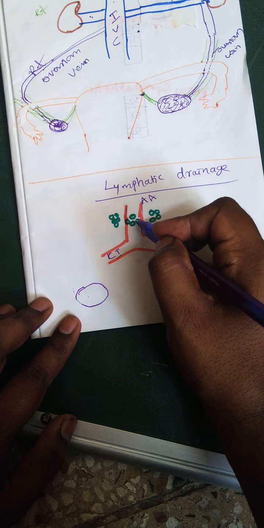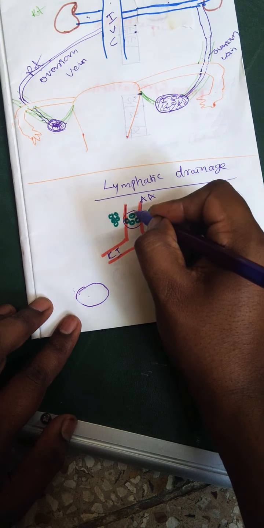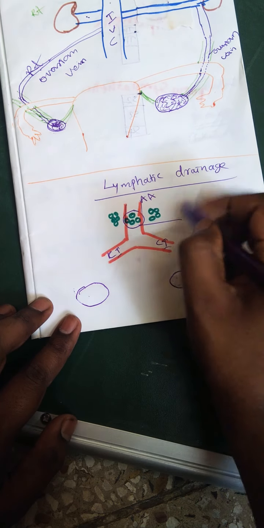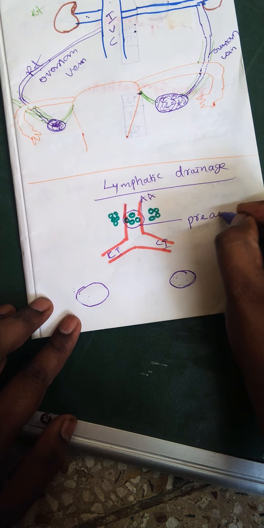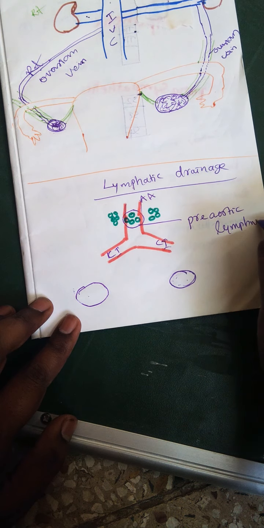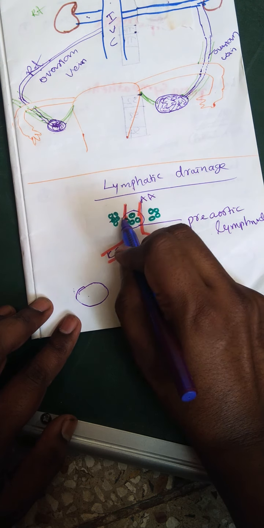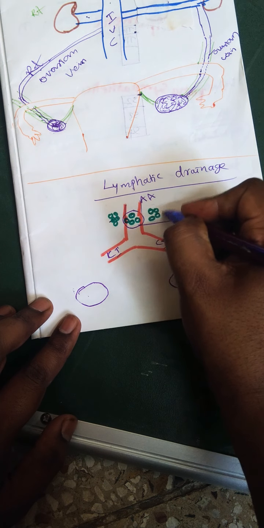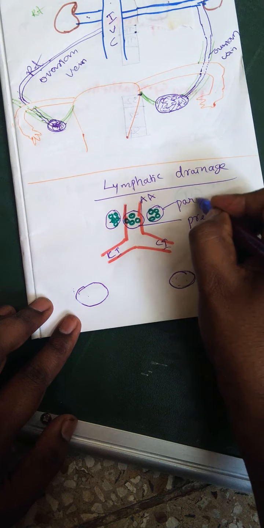at the lower part of the abdominal aorta, the lymph nodes existing just in front of the aorta are called pre-aortic. Pre means just in front, before. Pre-aortic lymph nodes, and on each side of the aorta you have lateral lymph nodes, which are also called para-aortic lymph nodes.